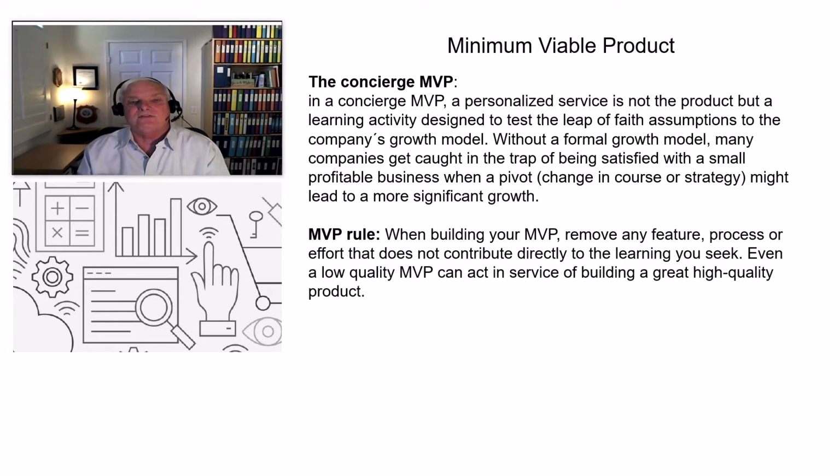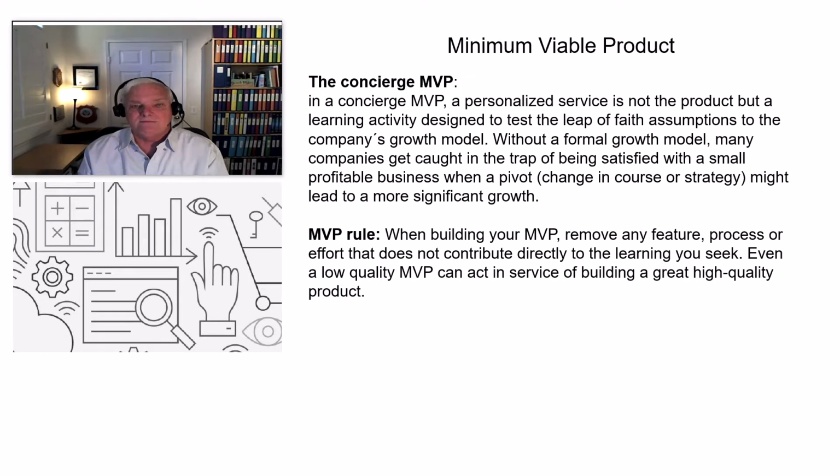Are we satisfying what we think are all the requirements that the customer wants? And if necessary, we're making those pivots, those adjustments to try to get ourselves on course. Are we aligned with our strategy? Is there something we need to do that will allow us to make more significant growth? So that's the concierge MVP, and then there's the MVP rule.